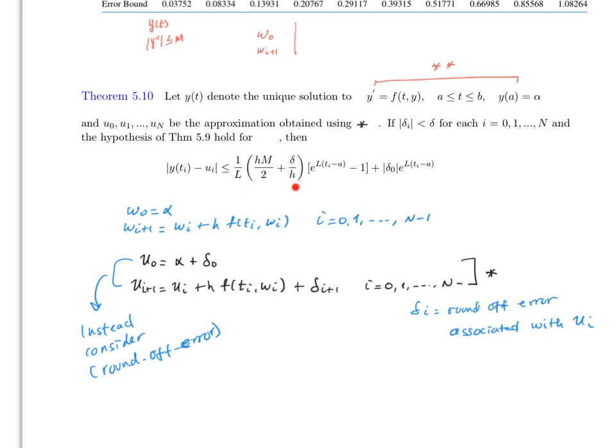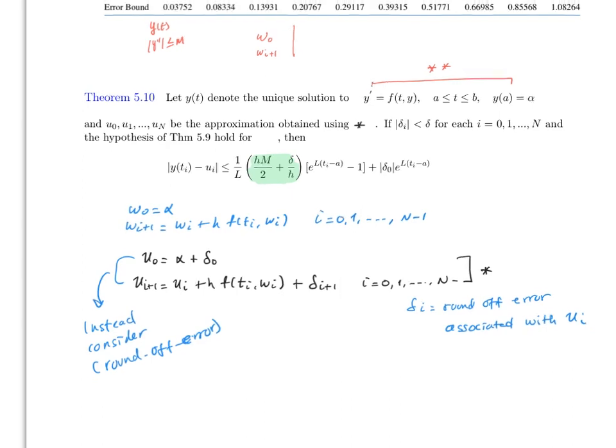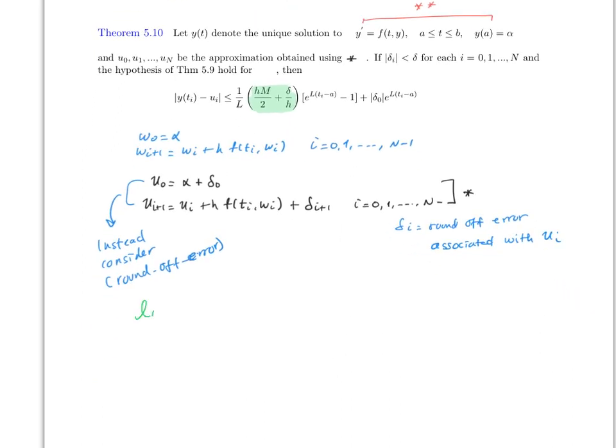I don't expect you to do the proof for this one. The thing that you need to be aware of is this part. So if we look at this piece only, you should notice the limit as h goes to 0 of hM/2 plus delta/h is equal to infinity.